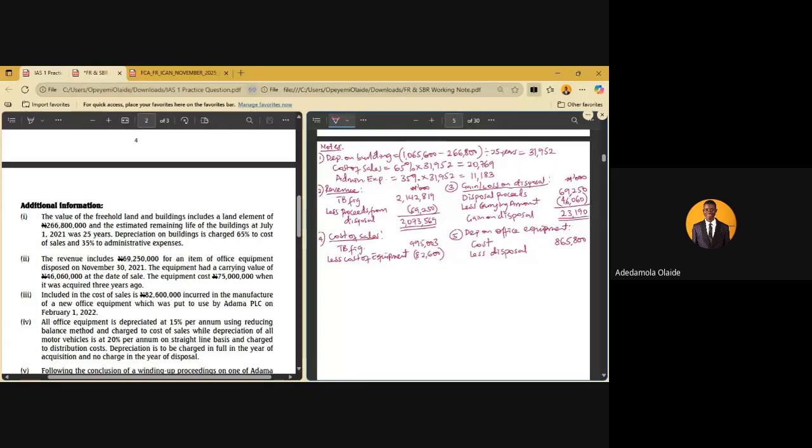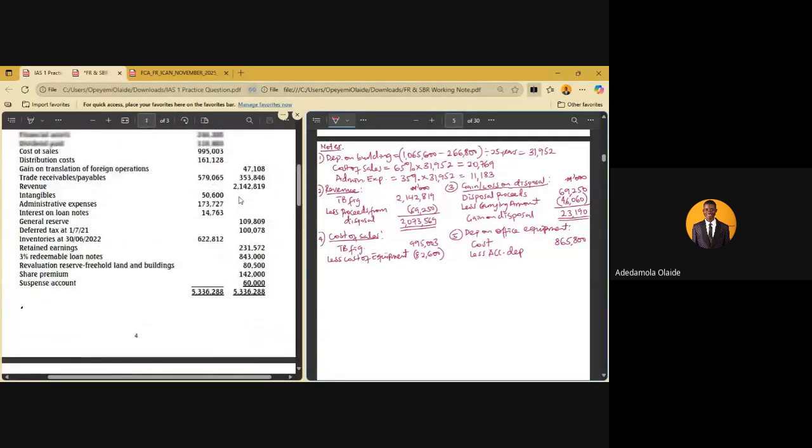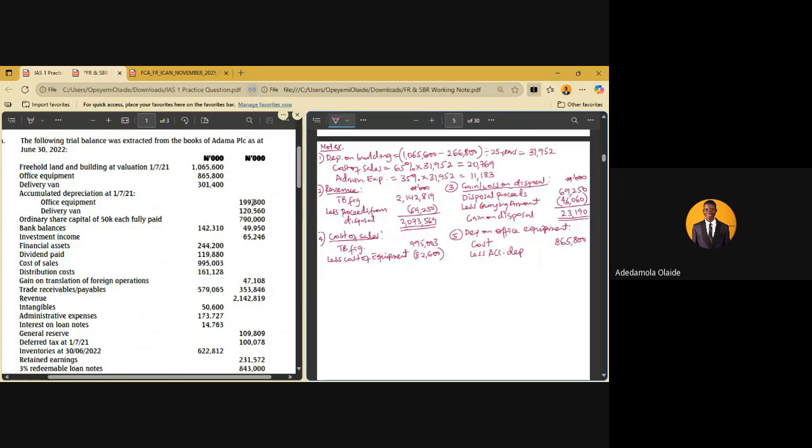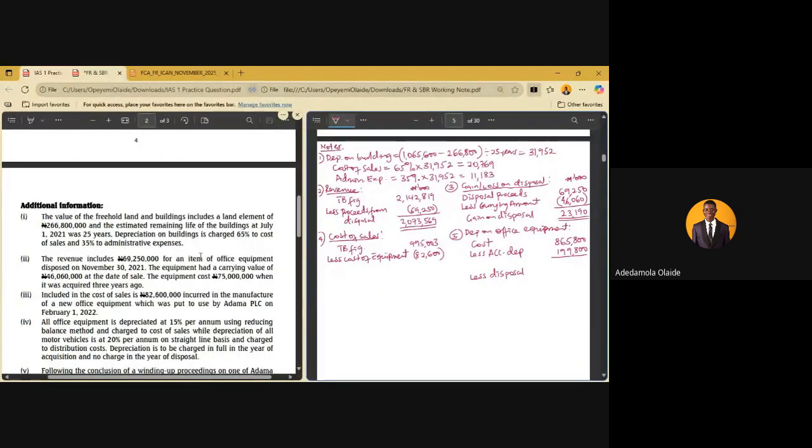Less accumulated depreciation at the beginning of the year, which is 199,800. This will give us the carrying amount at the beginning of the year. Then we can now less the carrying amount of the one disposed.